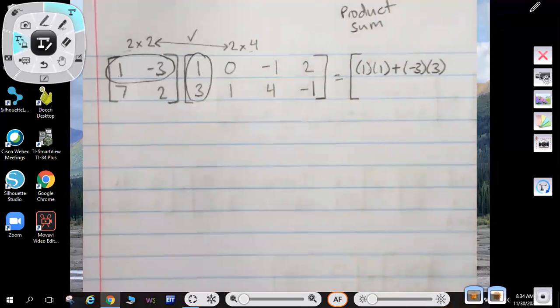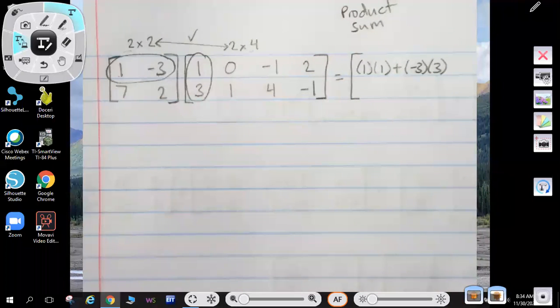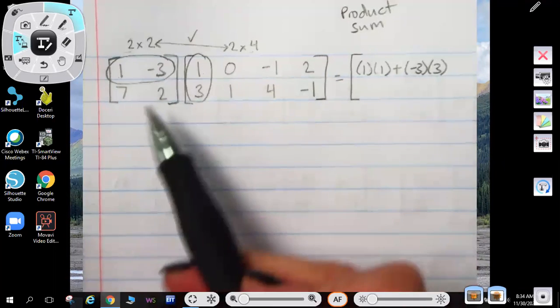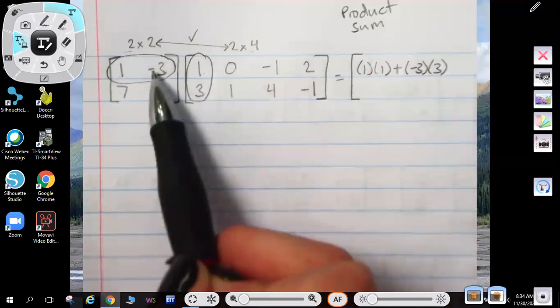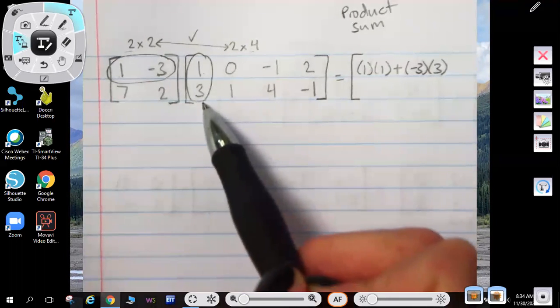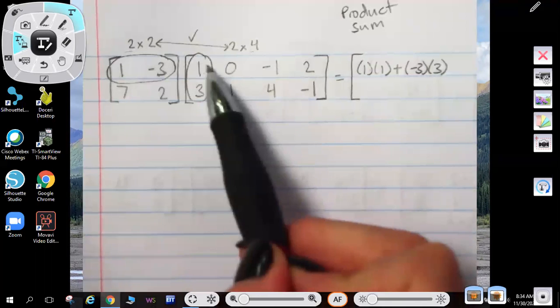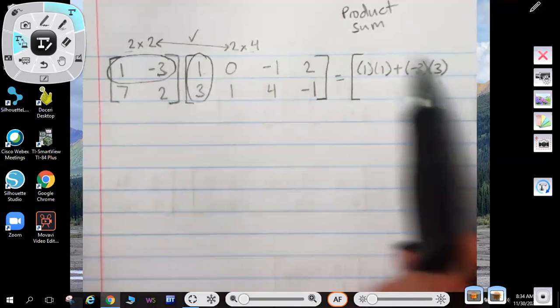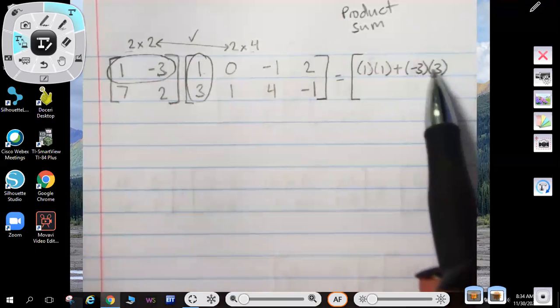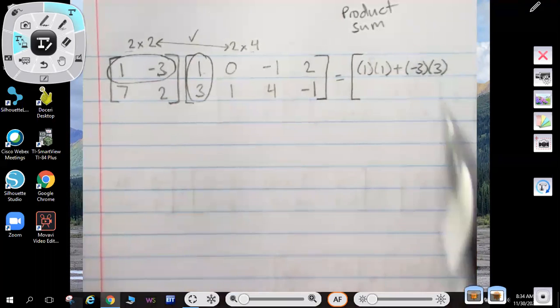And we add those products together. So we took the first row and first column, and we did 1 times 1, and we did -3 times 3, and we added those together. That's how we're going to get the number that goes in the first row, first column of our answer.